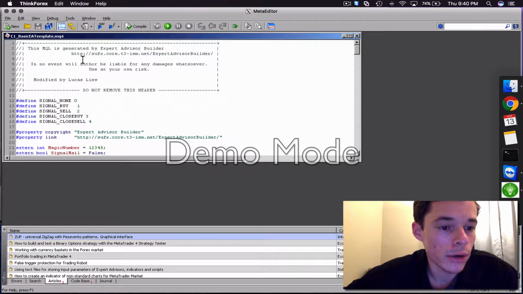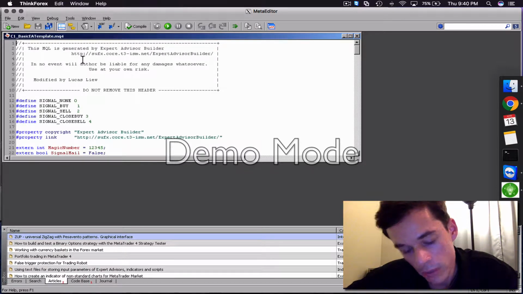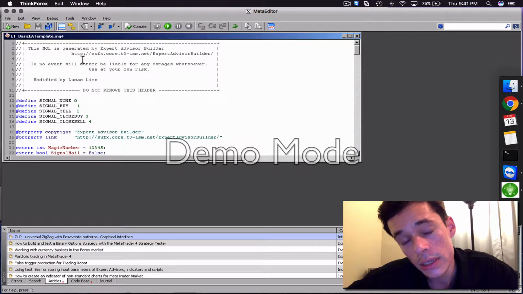So this one right here utilizes the crossings of what are called the SMA 10 and the SMA 40. SMA stands for simple moving average. So SMA 10 stands for the simple moving average within a 10-day interval. And the SMA 40 is the simple moving average of a 40-day window.